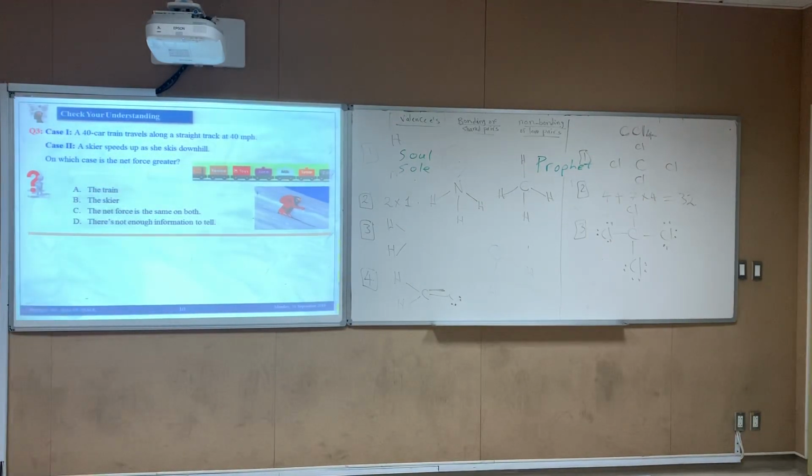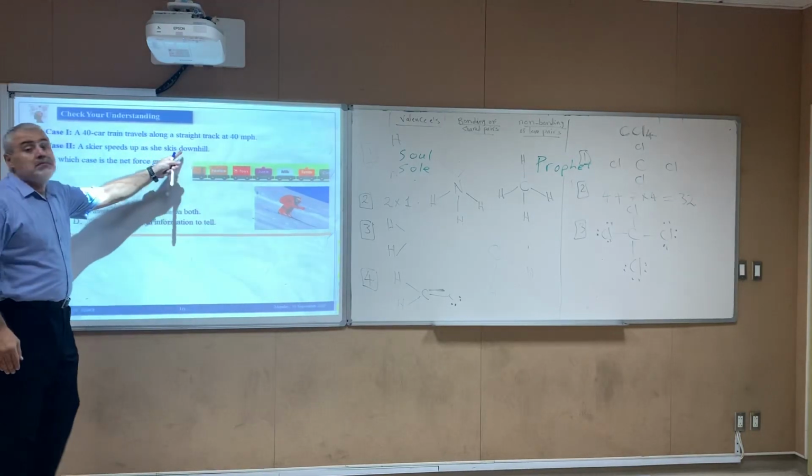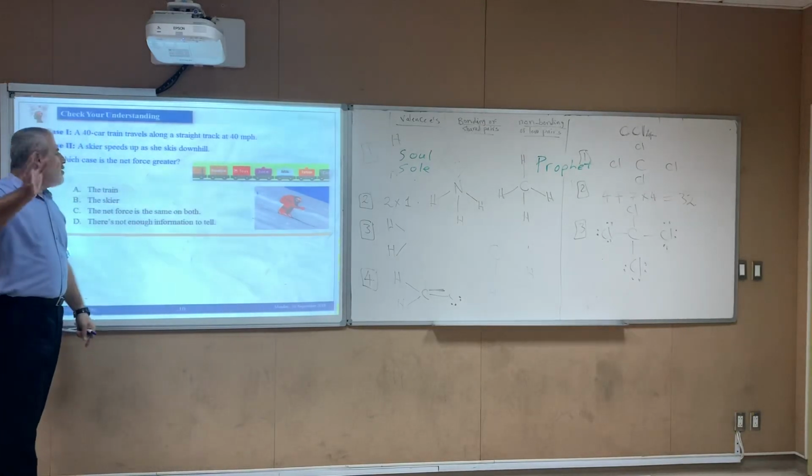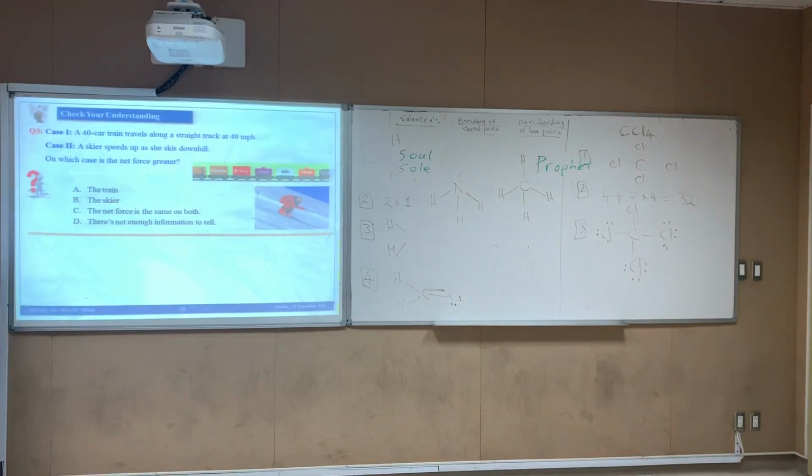Okay guys, we have 2 cases. Please just watch the question. A train travels along a straight track at 40 miles per hour. Case 2: a skier speeds up as she skis downhill. In which case is the net force greater?